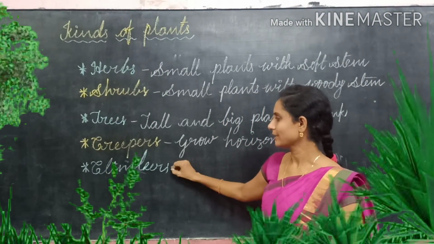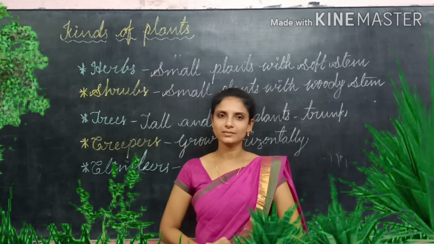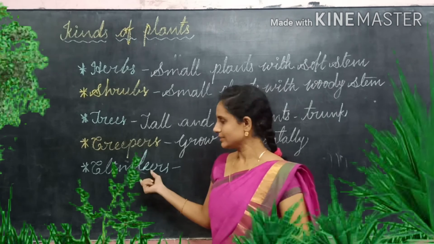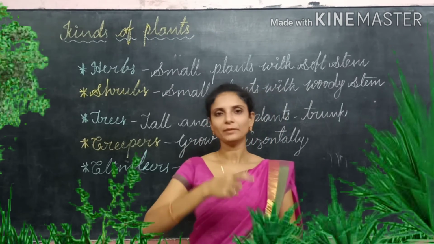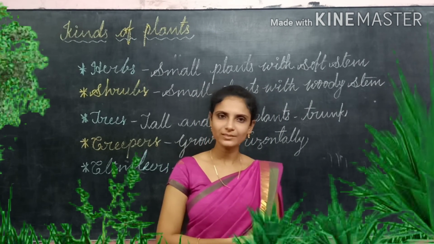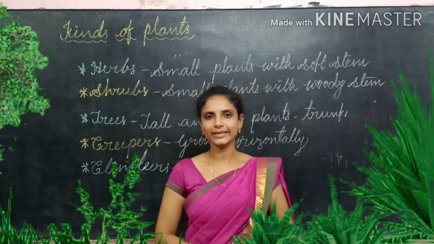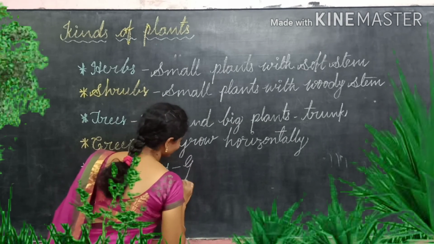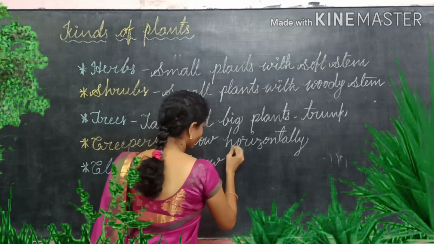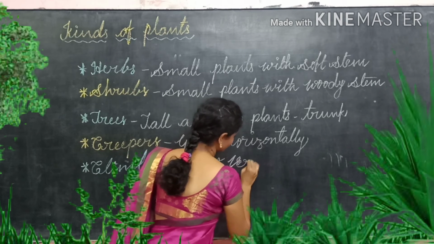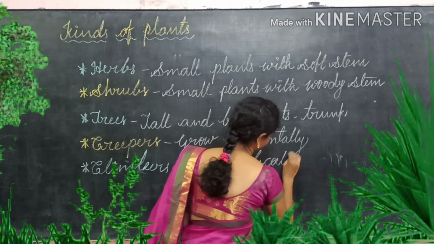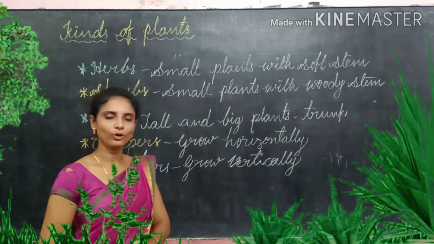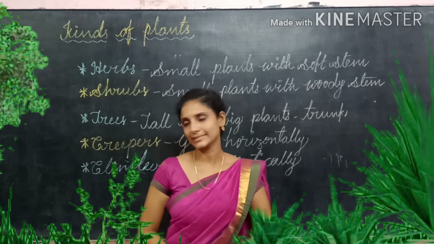Next one, climbers. What are climbers? These also have a very weak stem, but these plants grow vertically by taking the support of other plants, a wall or a stick.